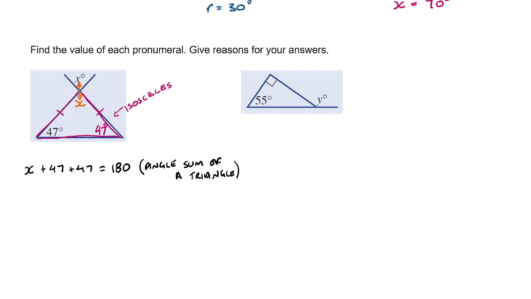We can now add the two 47s together and we get x plus 94 equals 180. Do our algebra. Take 94 away, and we are left with x on this side and 86 on the other.